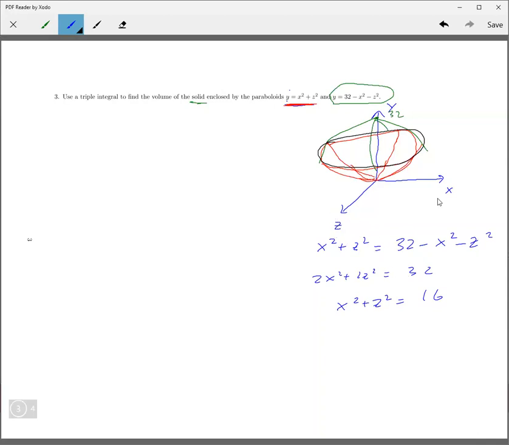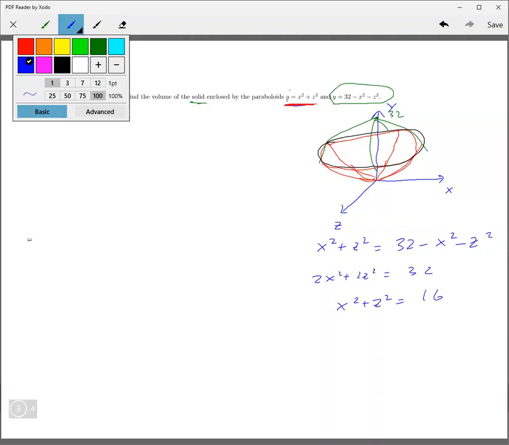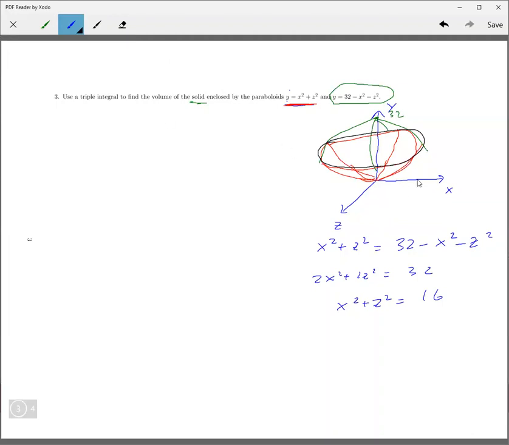So that is a circle of radius 4. And so what you need to do then is project the circle down into the xz plane.